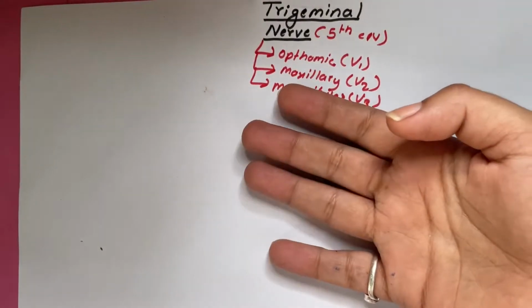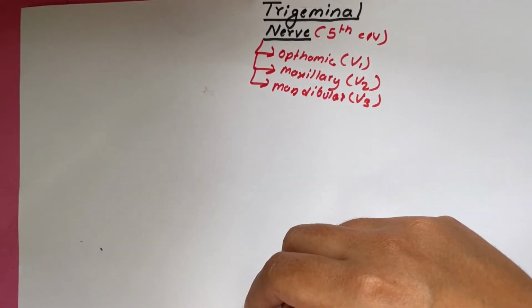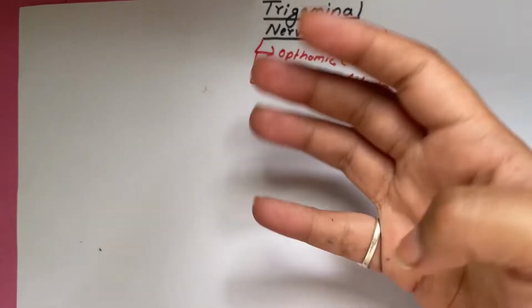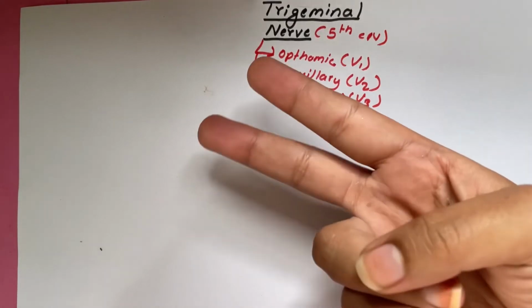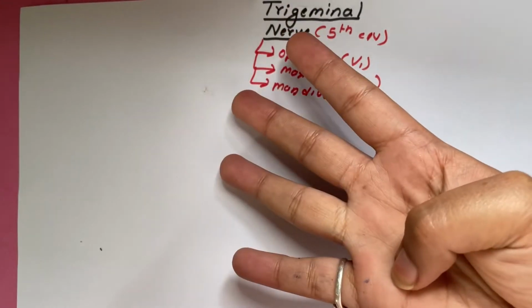We already discussed that the trigeminal nerve arises from the pons. That means the 5th, 6th, 7th and 8th cranial nerves arise from the pons, 2 from the midbrain and 4 from the medulla.